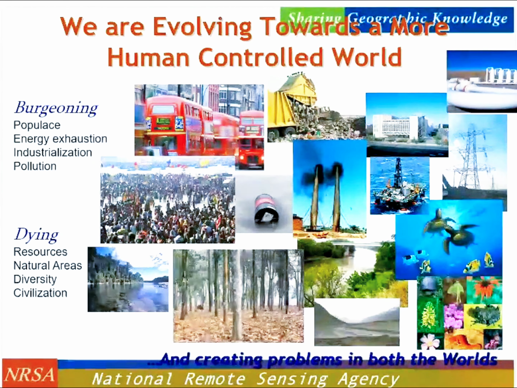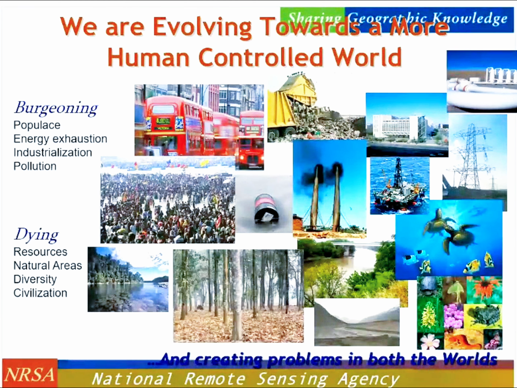Now you know very well about population increasing day by day, energy exhaustion, industrialization, and pollution. On one side development is increasing day by day, but on the other side various problems are being faced in daily life by human beings as well as the natural world.